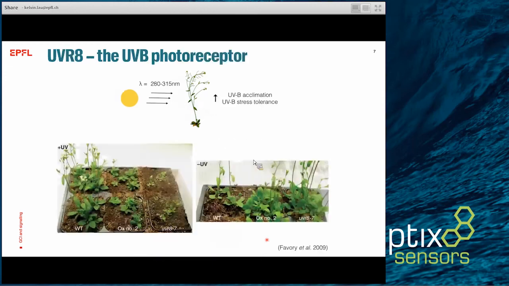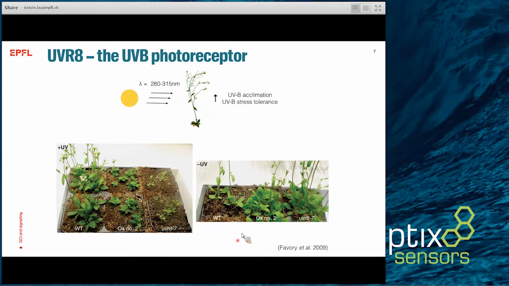One of these photoreceptors is UVR8, and it is the only photoreceptor known within plants that can sense UVB, so wavelengths essentially between 280 and 315, at least for this receptor. And you can see very clearly in these two pictures why it's so crucial for plants. Plants lacking UVR8, this UVR8 null mutant, cannot survive well under constant exposure to UVB in comparison to wild-type plants.